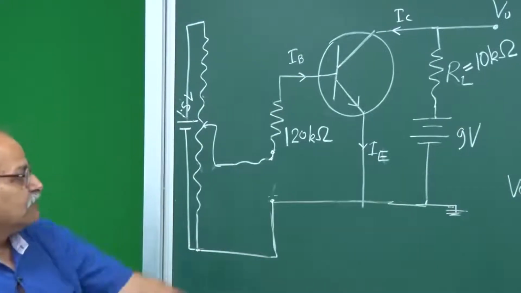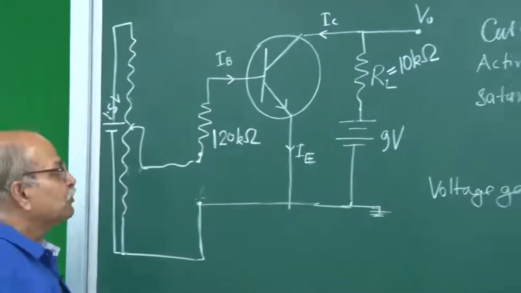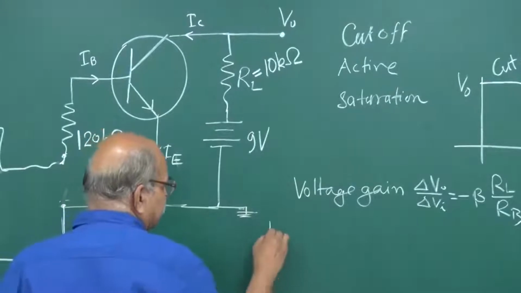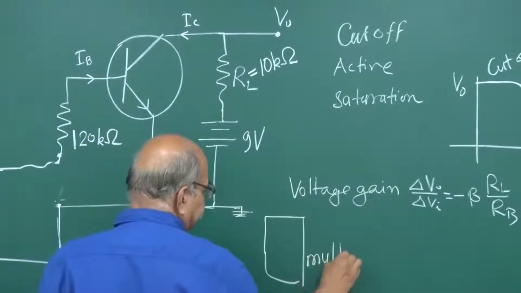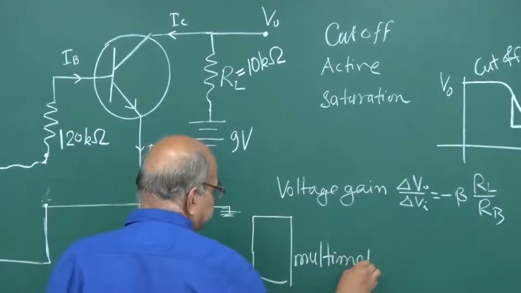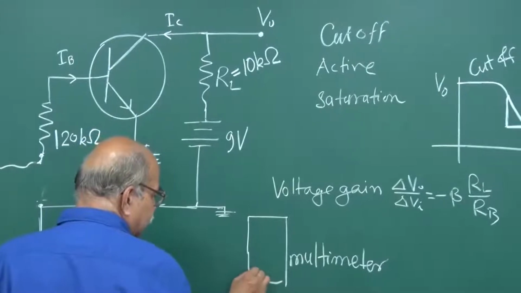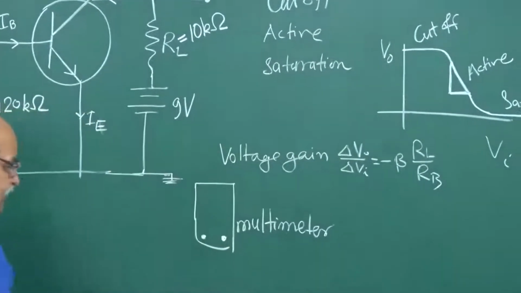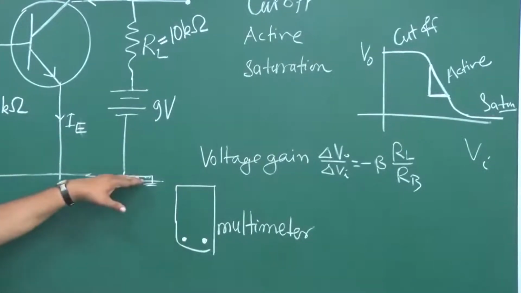Measurement of what? Measurement of this VO and measurement of this VI. To measure this VO, we will take a multimeter. The multimeter has two terminals, one black and one red, and the black one is supposed to be connected to that zero potential.